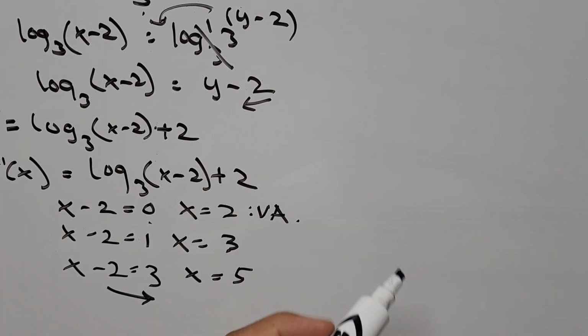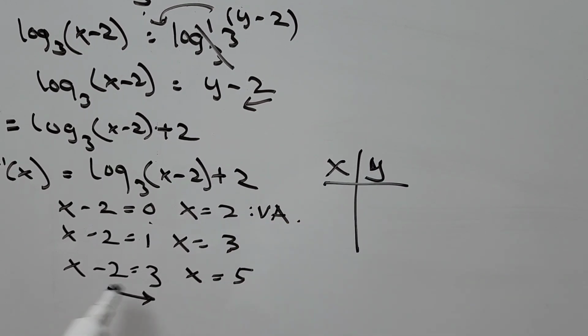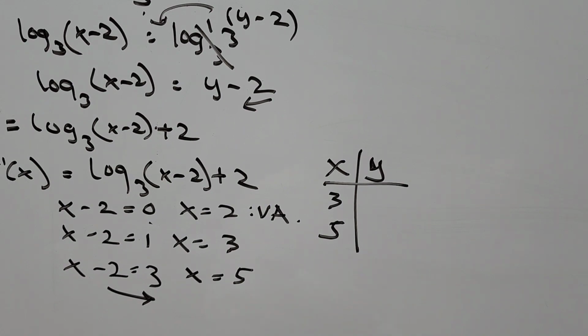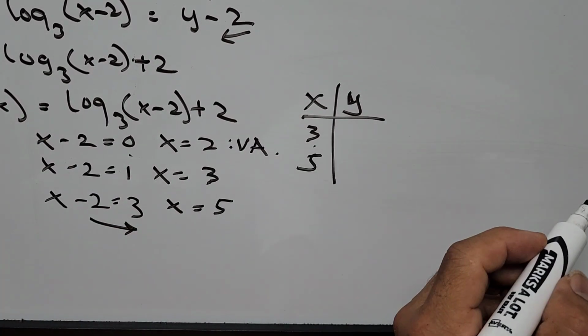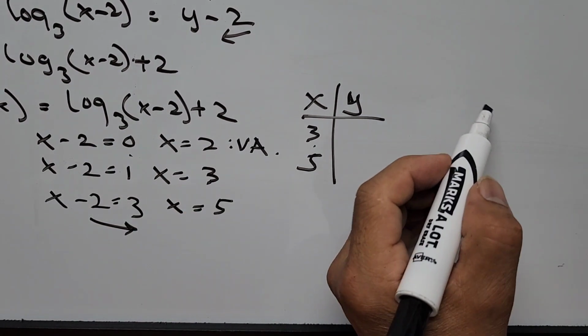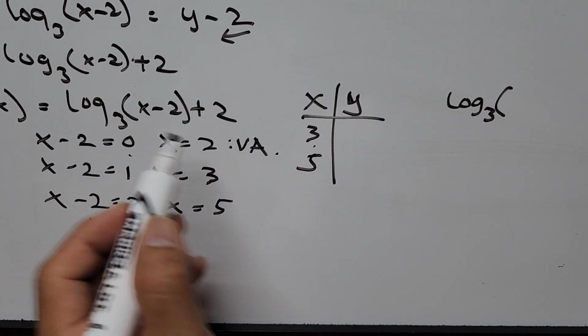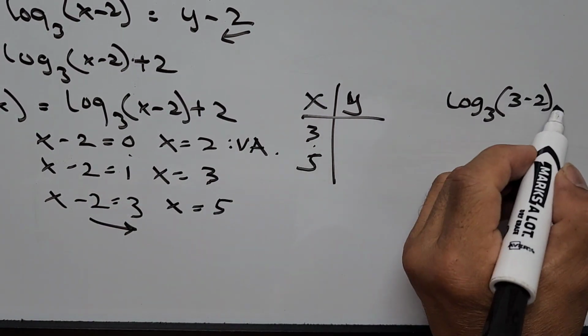So solving for the y values, we have here x is 3 and 5 already. For y, substitute 3 into the equation. So this is log base 3 of x, where x is 3, so 3 minus 2, plus 2.